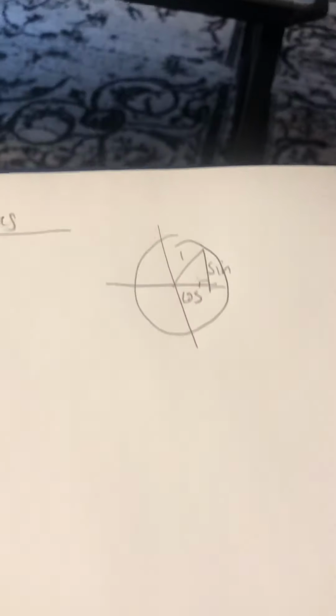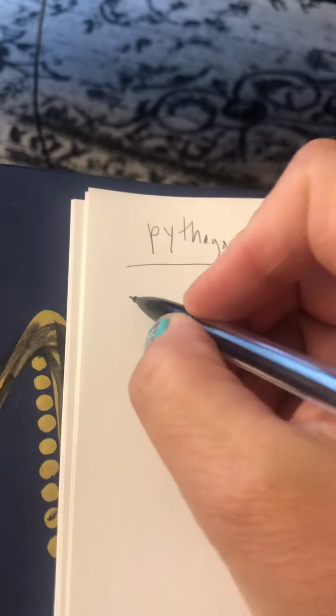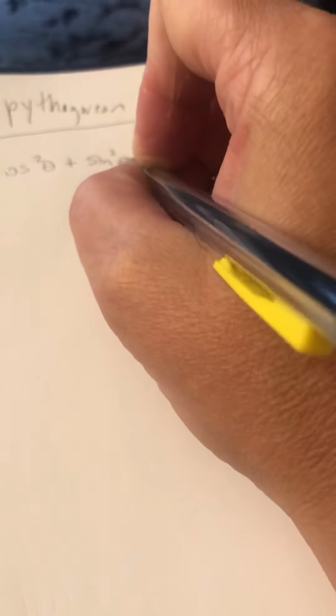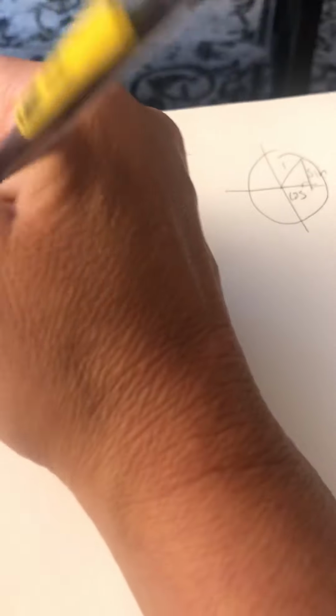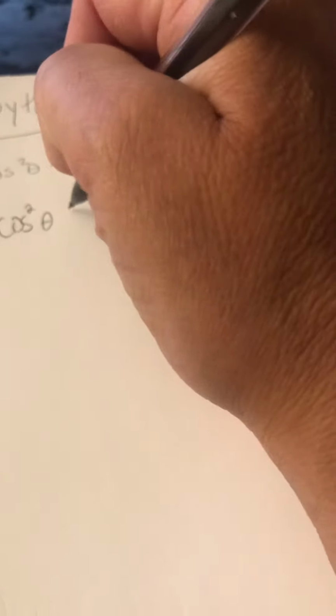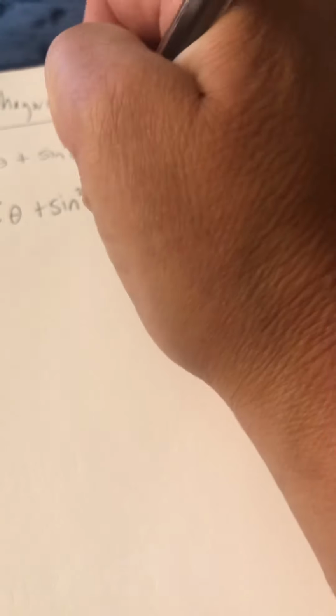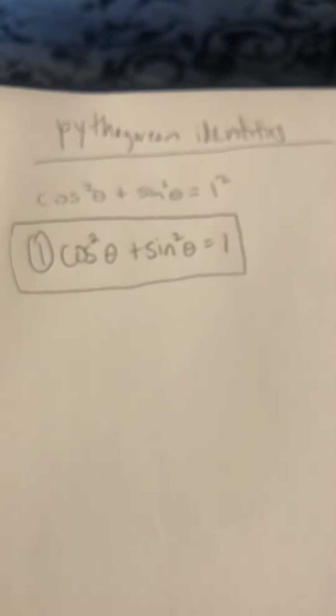And we can make an equation using the Pythagorean theorem. So our sides would be cosine squared theta plus sine squared theta is equal to 1 squared. Okay, that comes from the Pythagorean theorem over there. And what's 1 squared? 1. So there is our first Pythagorean identity that we are going to use. And yes, you have to remember that. Okay? Cosine squared plus sine squared equals 1.